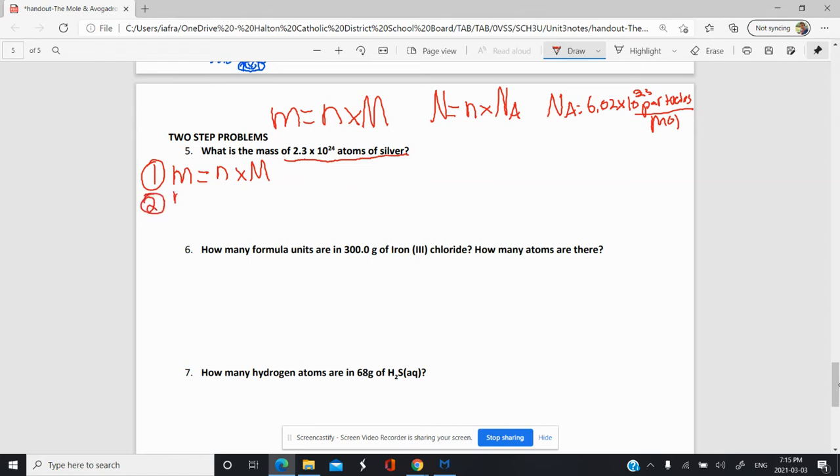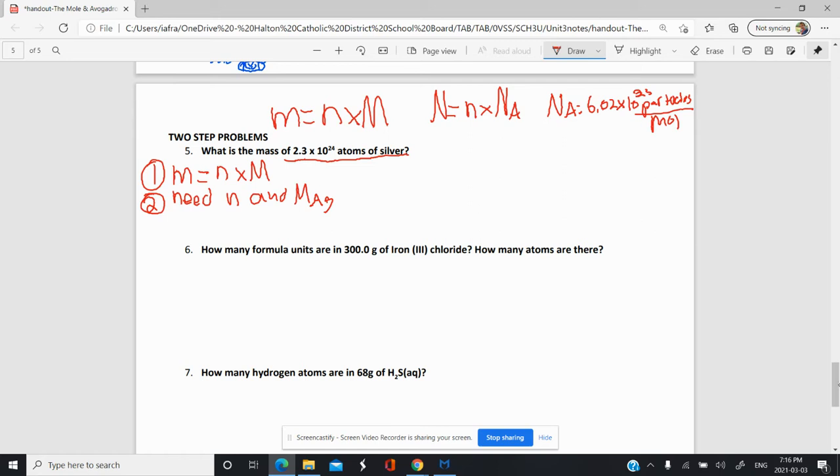So we need the number of moles and M. What we do have is the molar mass for sure. We have the molar mass of silver because that's the element in question, and that's from our periodic table. But we need to have the number of moles.